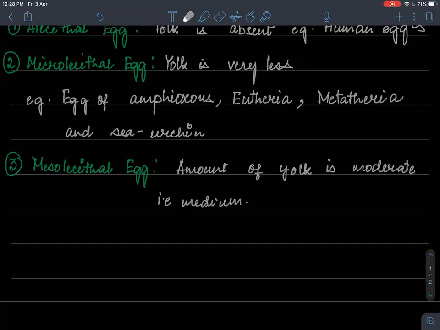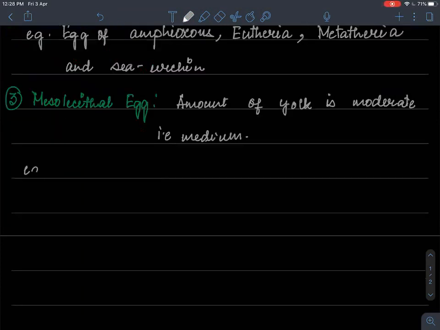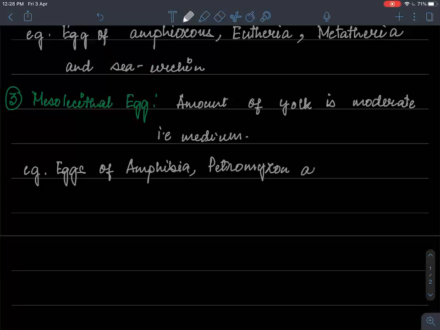Example: eggs of amphibia, petromyzon, and lungfish.